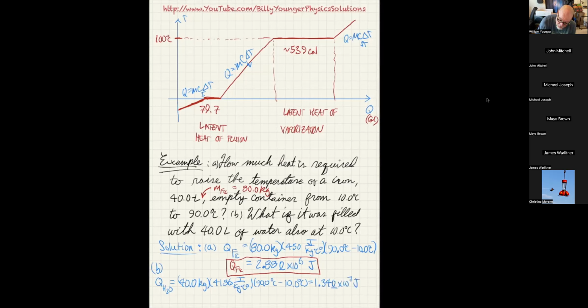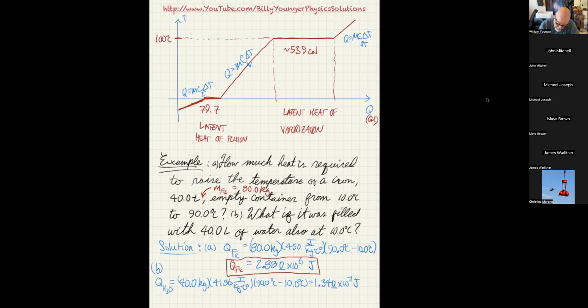Now that's just to raise the temperature of the water. What we're really asking here in part B is what's the total heat required to raise the vat as well as the water. So I've got to add these two together. I'm going to say plus 288,000.